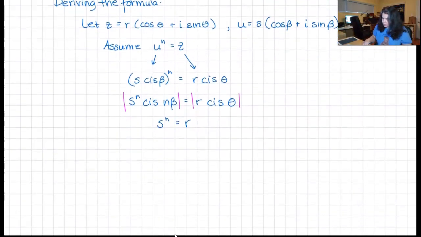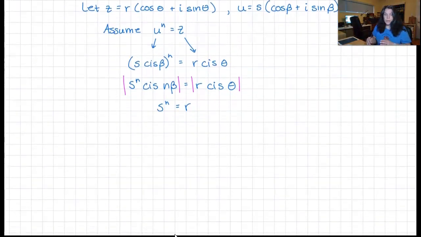Now, I can't quite do the same thing with the angles. I can't say that n beta is equal to theta. The reason why we can't just equate the angles is because remember that they're periodic, and they come from doing the cosine and the sine. So cosine of one angle is going to be equal to the cosine of a coterminal angle. We're adding 2 pi.